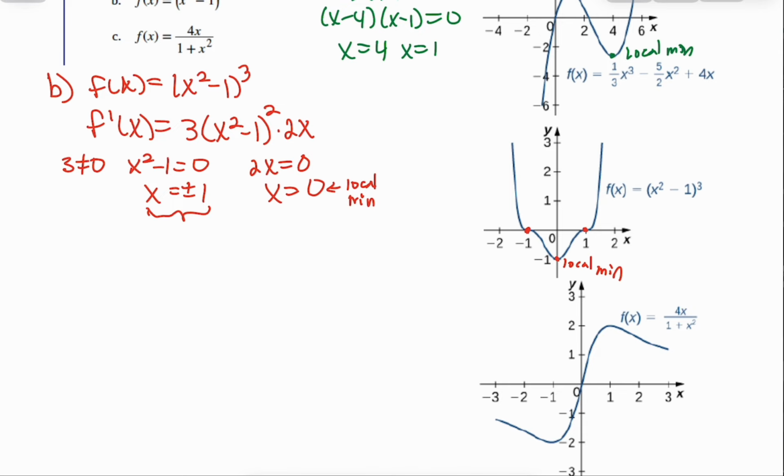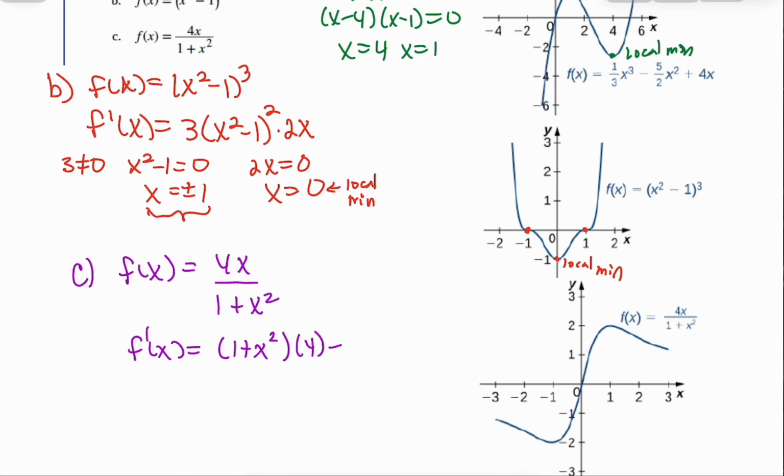And then lastly, let's do C here. Now in this particular case, we have to use the quotient rule. We don't really have any other ways to do it. So if we do the quotient rule, it's going to be bottom times the derivative of the top minus the top times the derivative of the bottom all over the bottom squared.